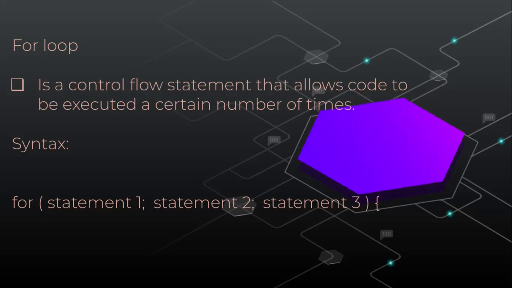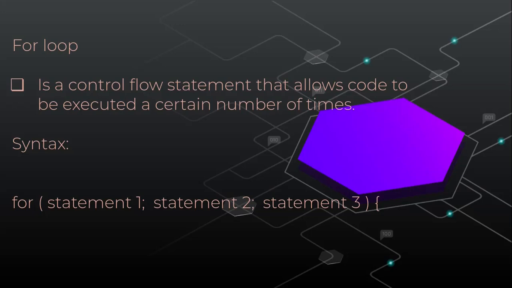And then we go to the second statement. In the second statement, we have a condition for this loop. This condition determines how many times this loop iterates, and it makes use of the variable you created in the first statement. Now the third statement affects your statement 2, because you have a variable that you initialized, and you specified when that variable gets a certain value, the loop should end.